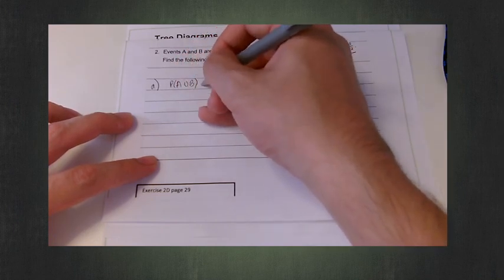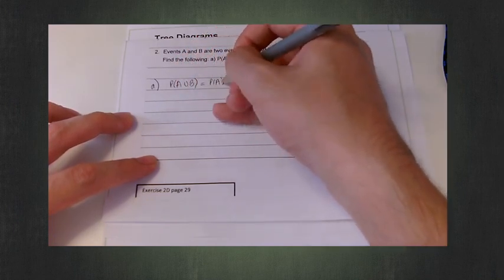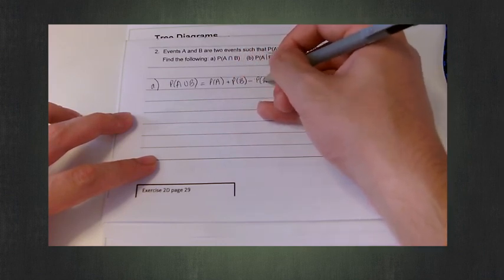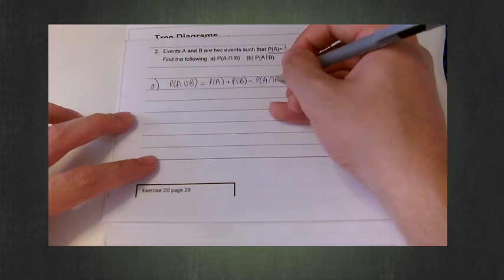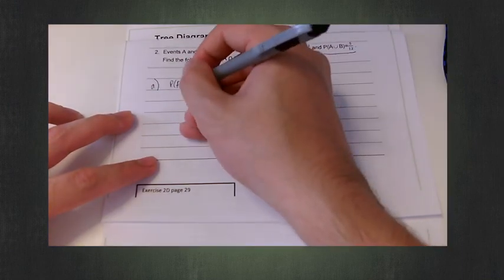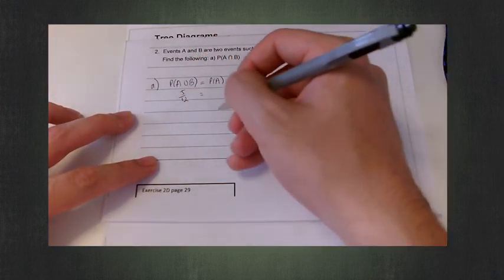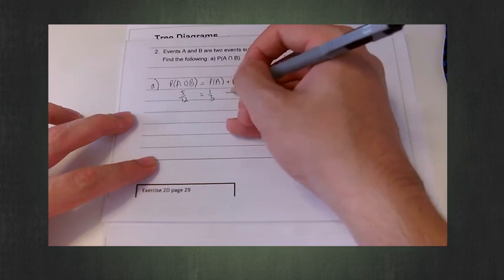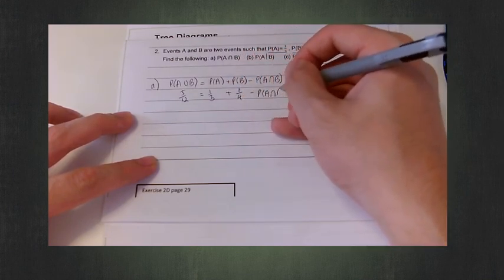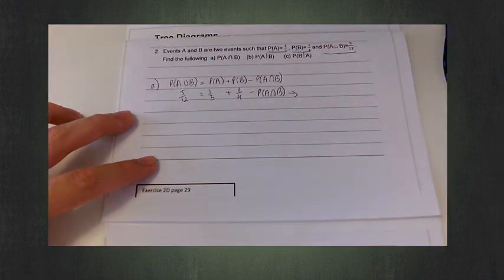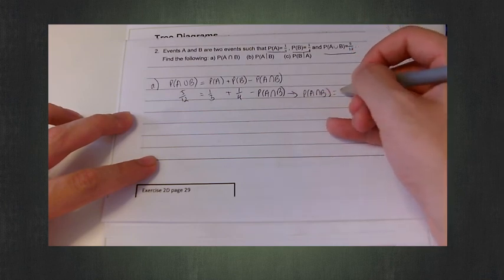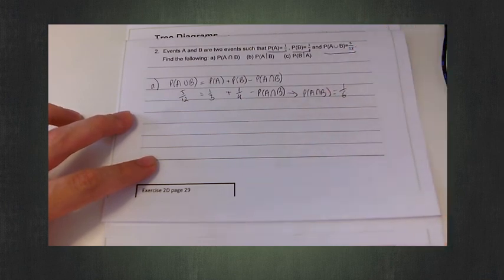I know probability A or B is equal to the probability of A plus the probability of B minus the probability of A and B. So if I fill in the values that I already know, 5 over 12 equals a third plus a quarter minus the probability of A and B. With a bit of work, you can get the probability of A and B to be equal to a sixth.